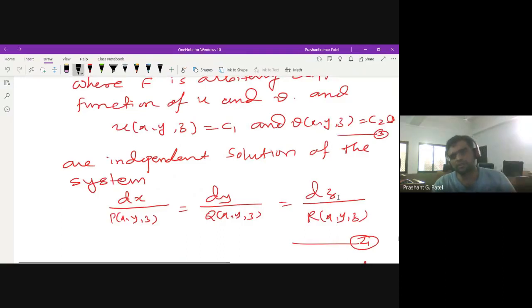And obviously this system will have some curve, because the solution of an ordinary differential equation is a curve.